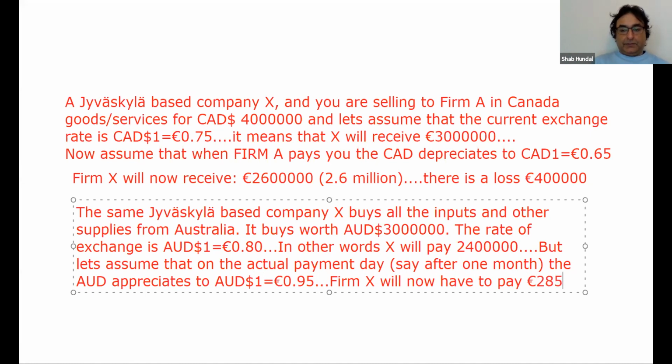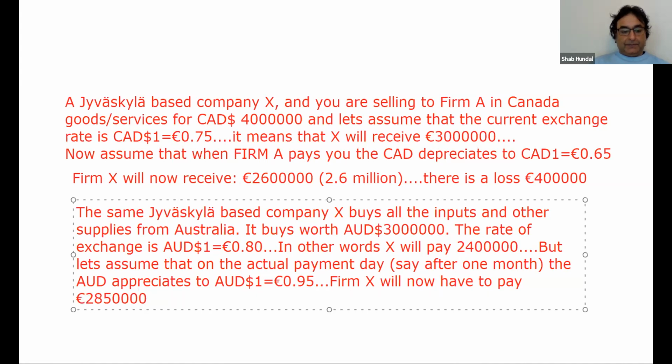There is a loss of, you were meant to pay 2.4 million if nothing would have changed, but things change and you are going to pay 2.85 million.